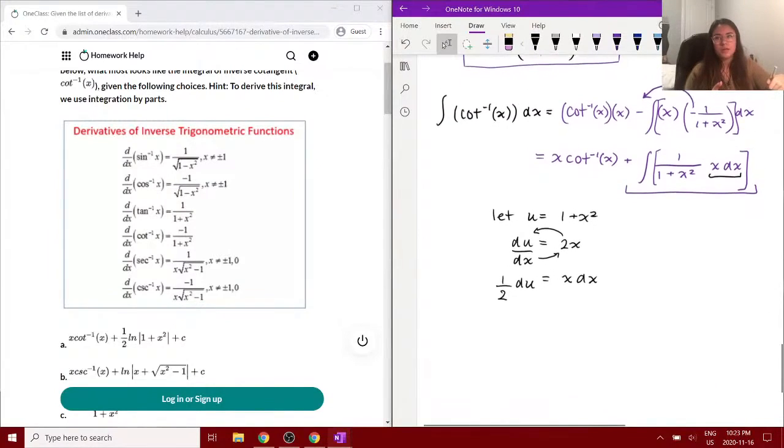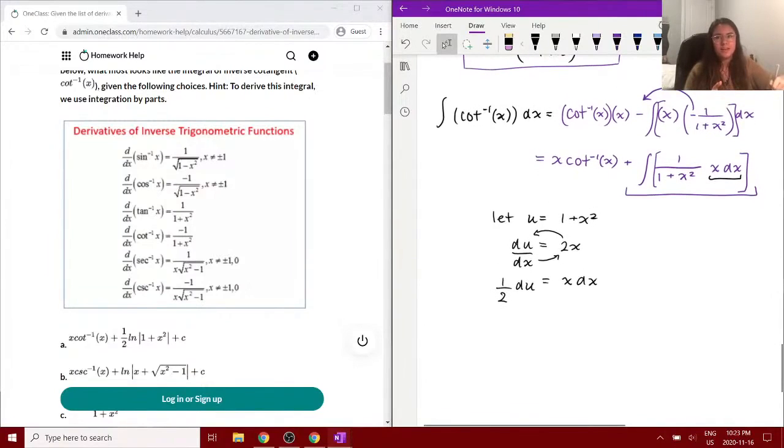Okay, so going back to what we had before. This beginning first term remains the same because it's solved.